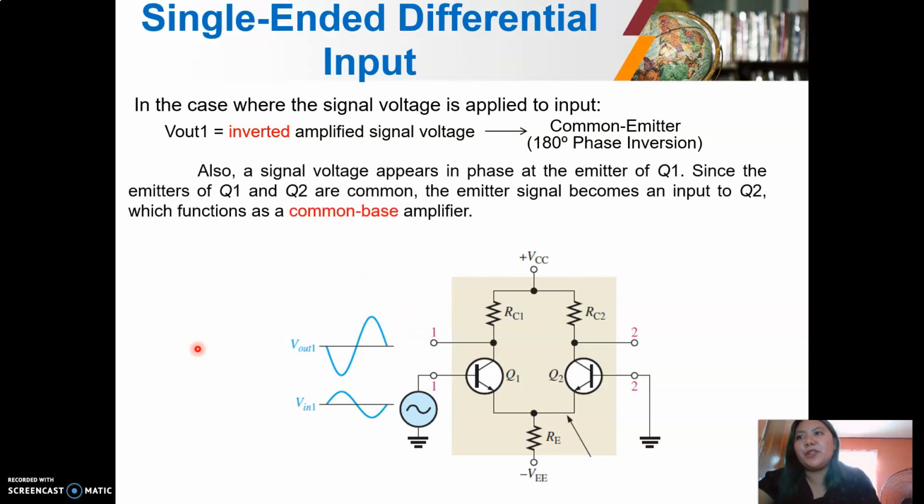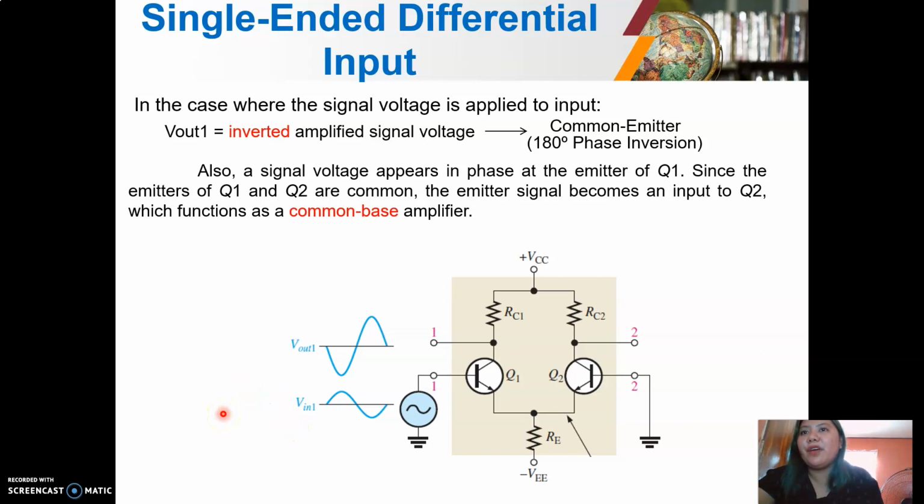Also, a signal voltage appears in phase at the emitter of Q1, and then since the emitters of Q1 and Q2 are common, the emitter signal becomes an input to Q2, which functions as a common base amplifier. Again, if we look at the figure, di ba these two transistor na pinagkabit natin and the emitter is common.